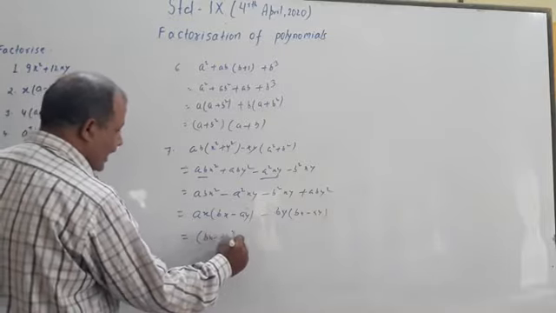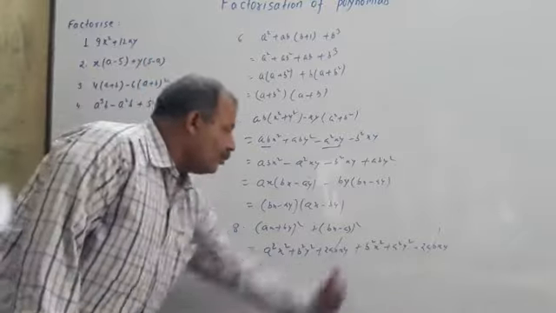You will find a square x square plus b square y square plus 2abxy. When we expand the next, we find b square x square plus a square y square minus 2abxy. What we find? These two terms are similar, but the sign is opposite, and therefore they will be cancelled. Then we are left with these four terms.